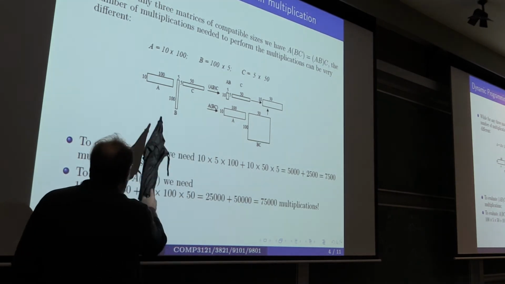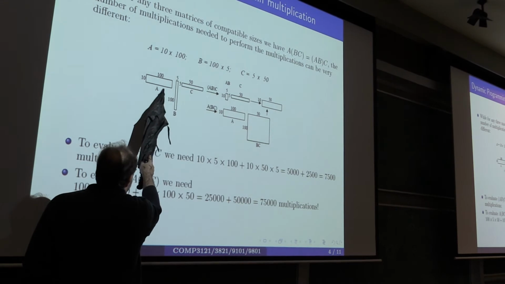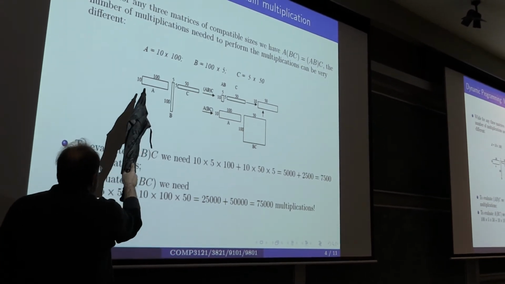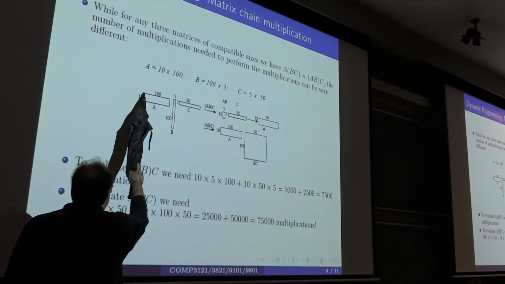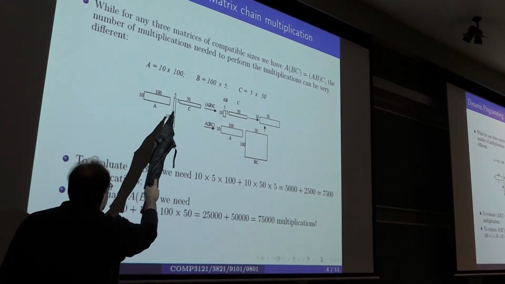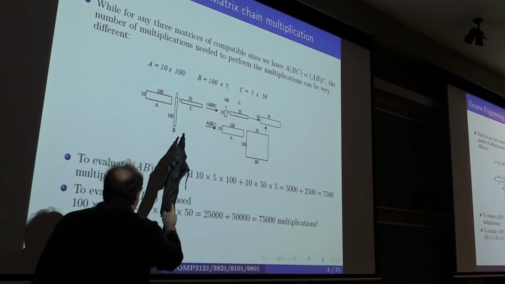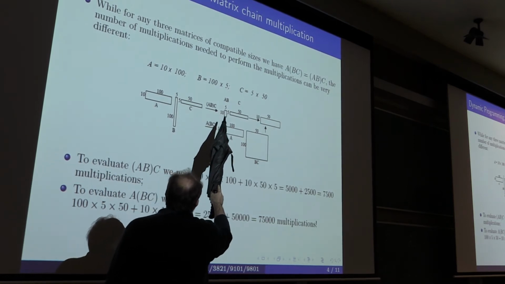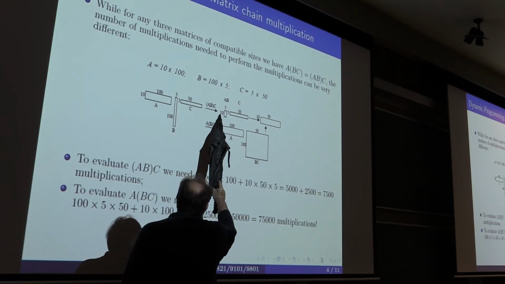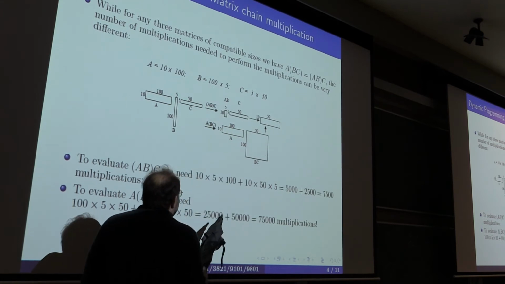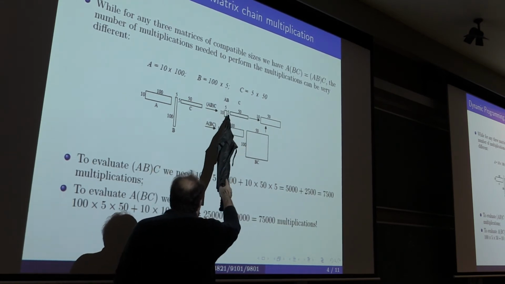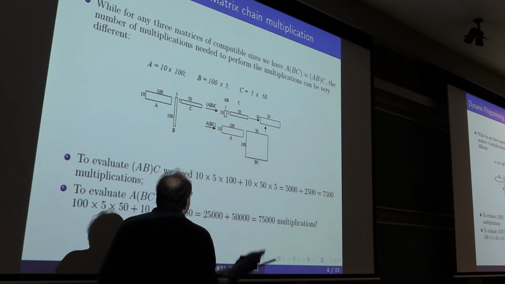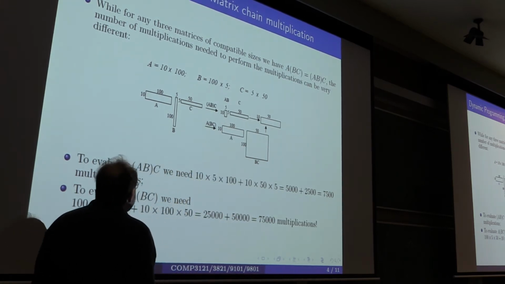So if you multiply first matrices A and B, then the result, of course, inherits the height of the first matrix and the width of the second matrix. So the product AB will be just 10 by 5. And then you multiply it with the 5 by 50 matrix.